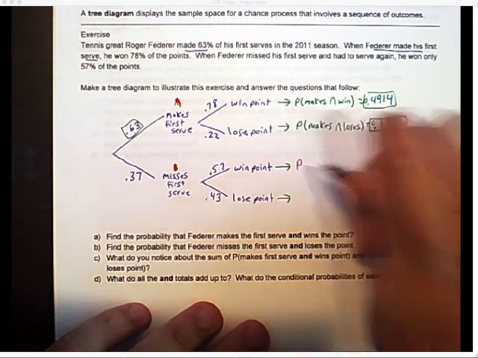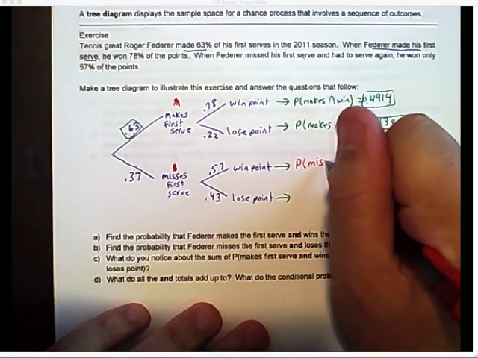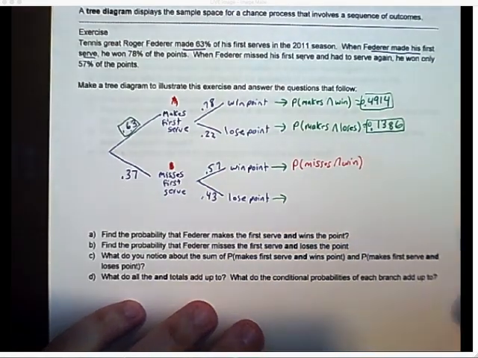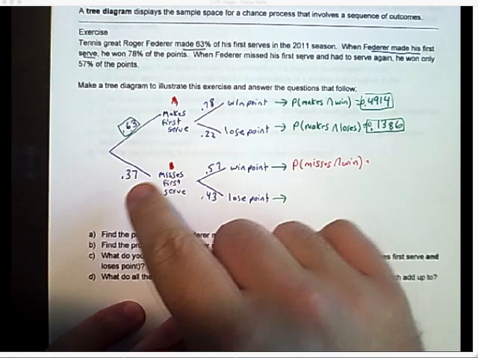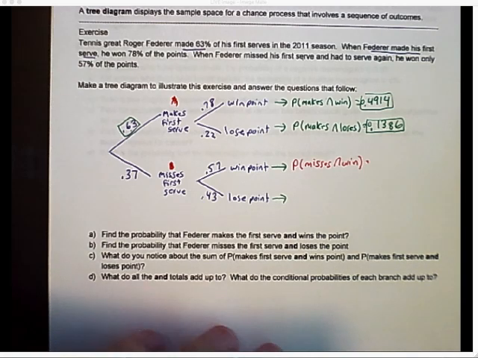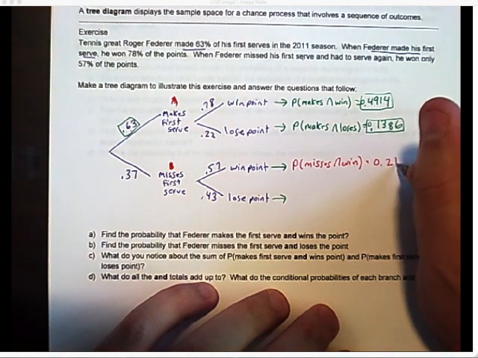Now, what does this branch represent? This is the probability that he misses the first serve, but he still wins the point. So you're going to take 0.37 times 0.57, and that is 0.2109.